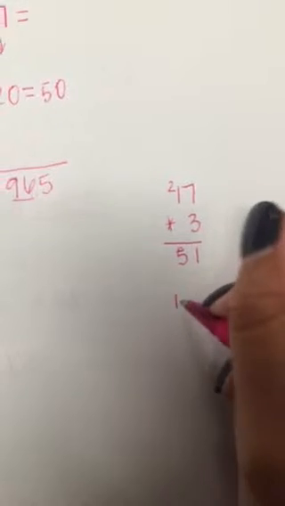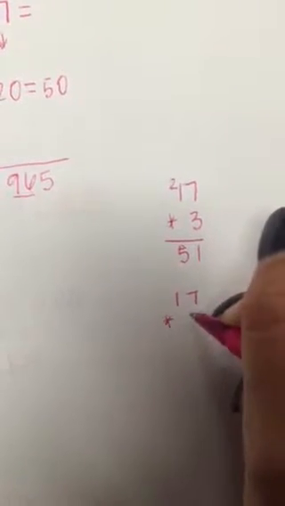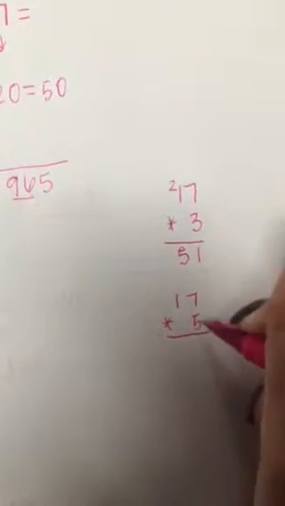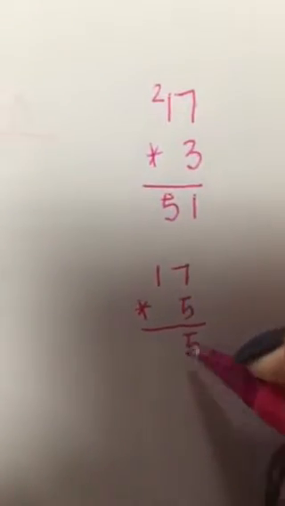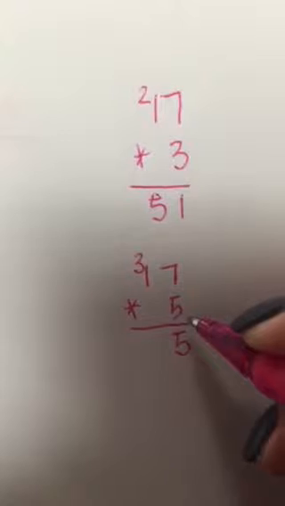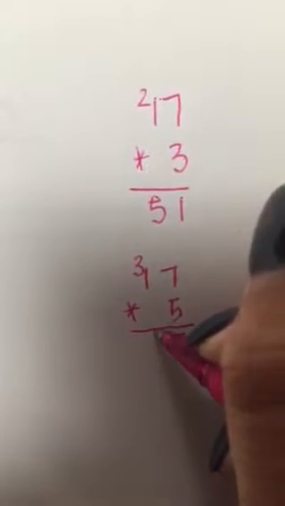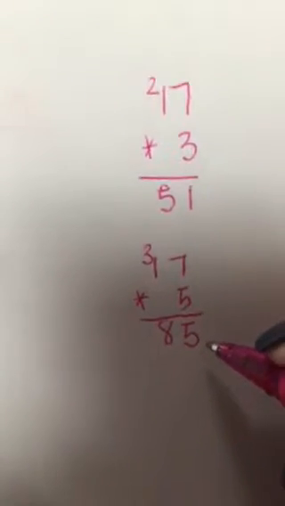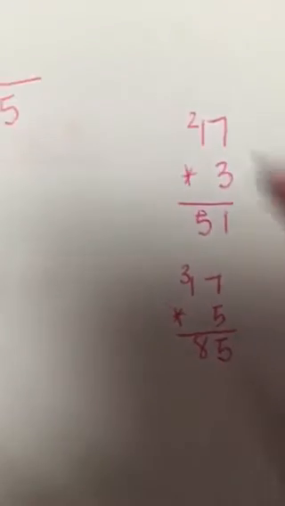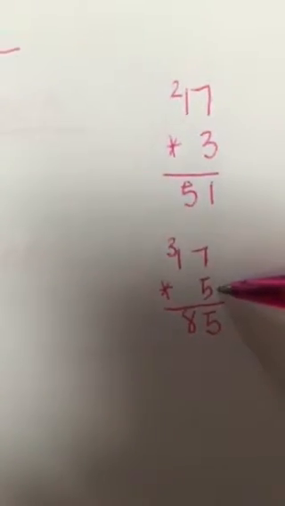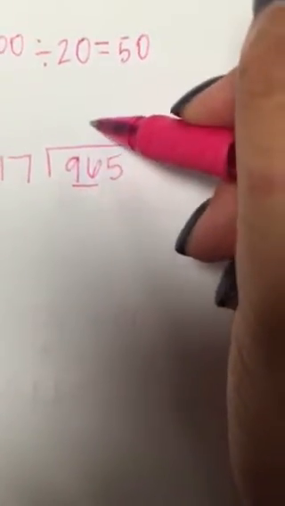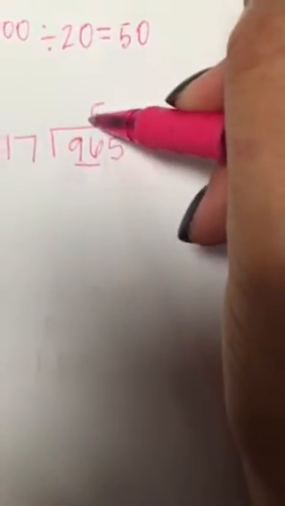Let's go ahead and try 5. 7 times 5 is 35. 85. I know that I can't fit another 17 in because I'm only going up to 96, so it can go in there 5 times. I'm going to go ahead and write that above my tens place.